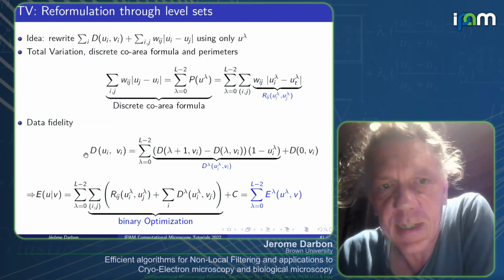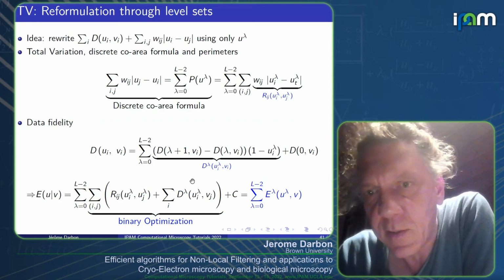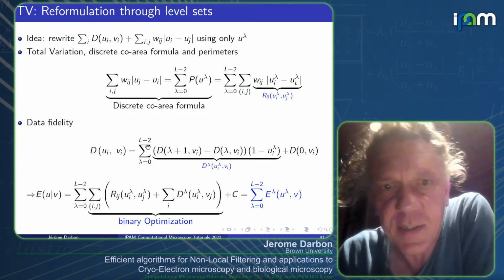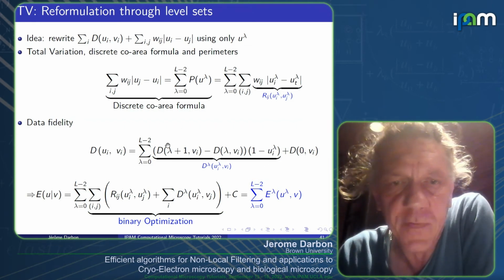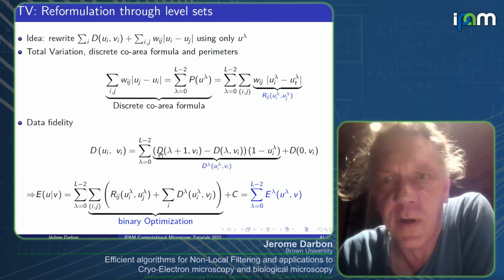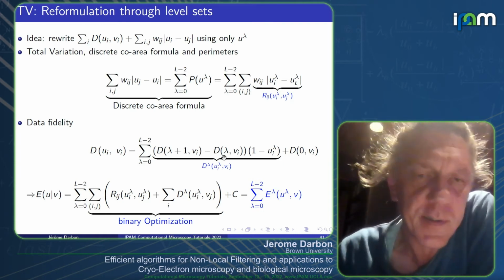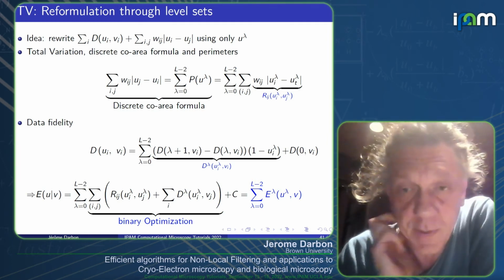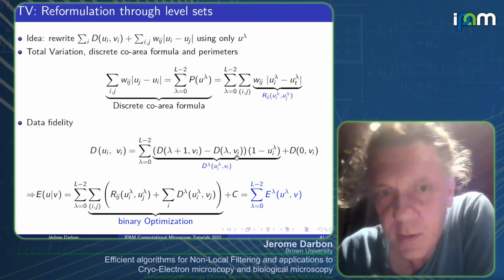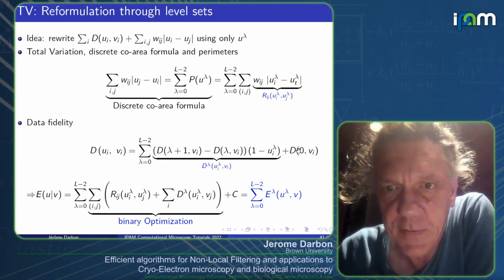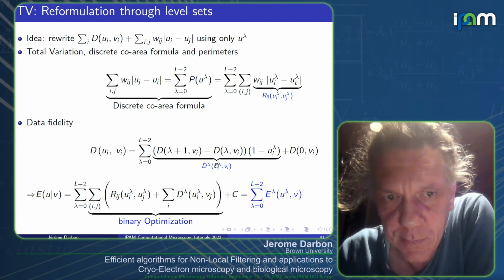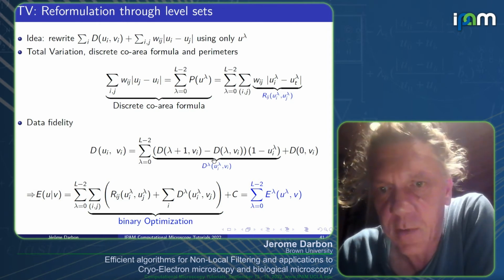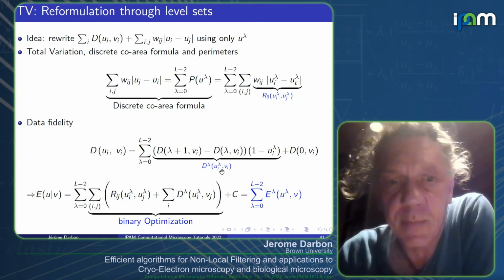You do the same for the data fidelity. Now, you should see this quantity as a discrete integration of the discrete derivative of the data fidelity. It's the analog of the fundamental calculus theorem, where you integrate the derivatives. And again, what you get is you are able to express the quantity on the left only using the variables U lambda.